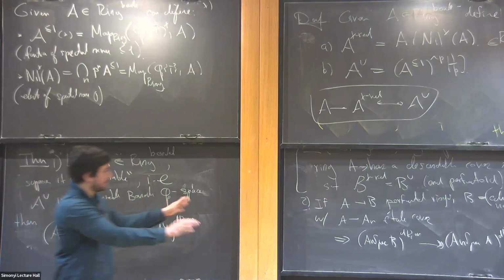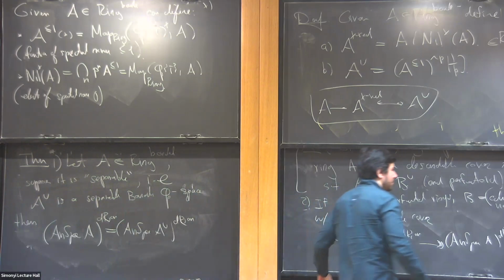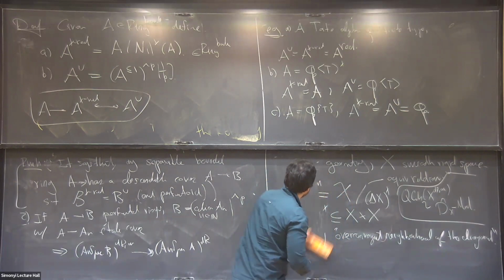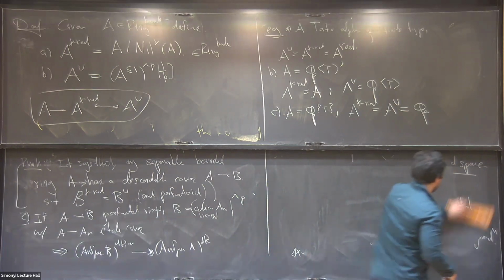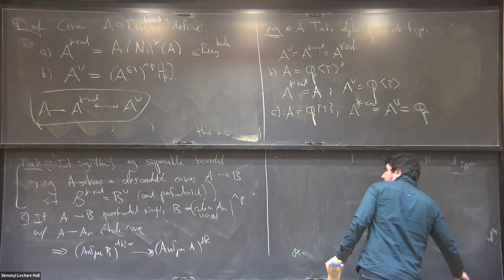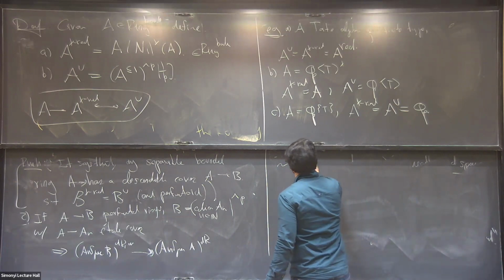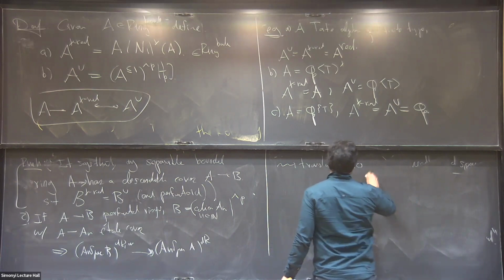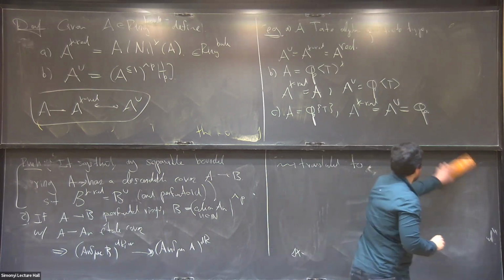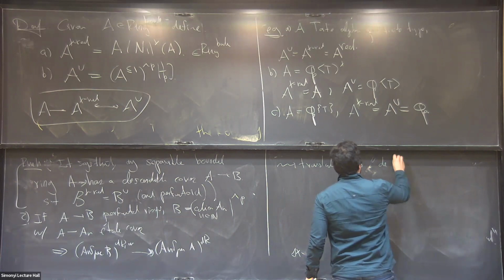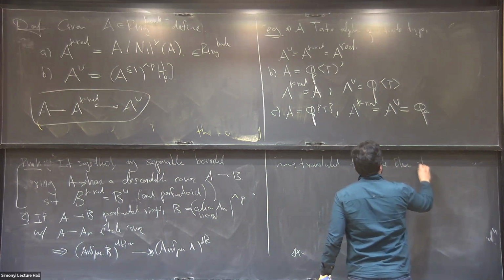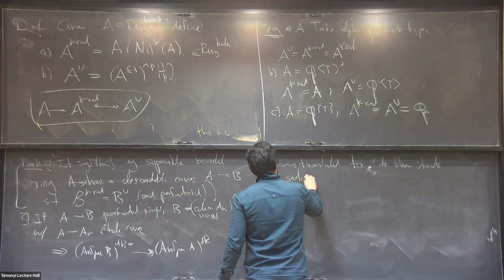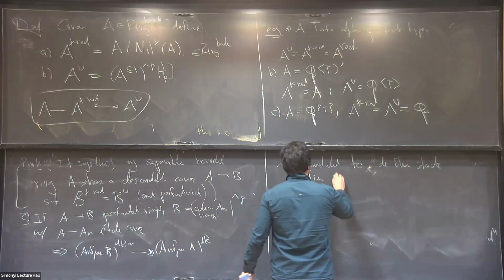So this second part of the theorem translates to the de Rham stack satisfying, or not all, but let me just say the total descent.